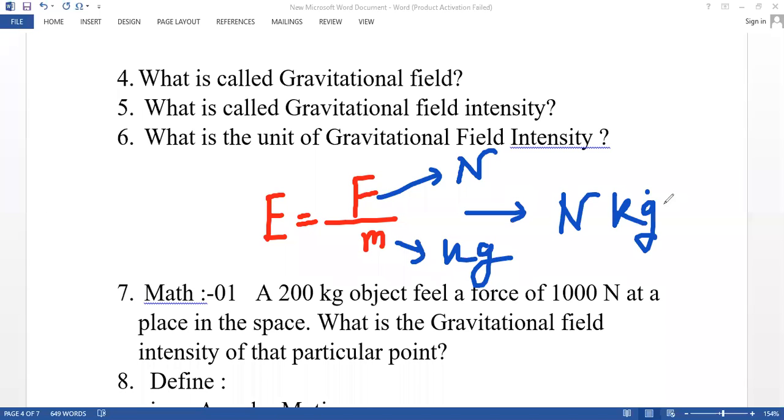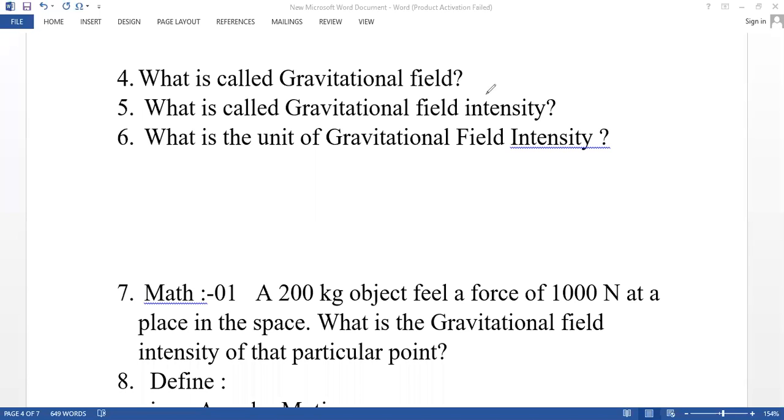That is the unit of gravitational field intensity. And it is just similar to electric field intensity. What was the electric field intensity? Newton per coulomb. That means intensity is F divided by Q, where Q is the charge carrier charge, not the field creating charge. It will be discussed elaborately in chapter 6.